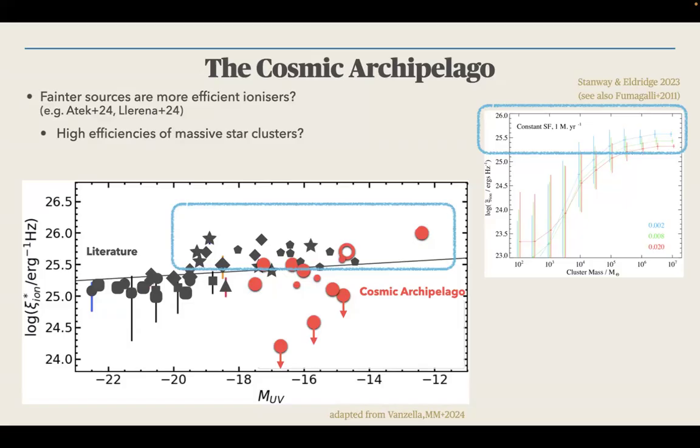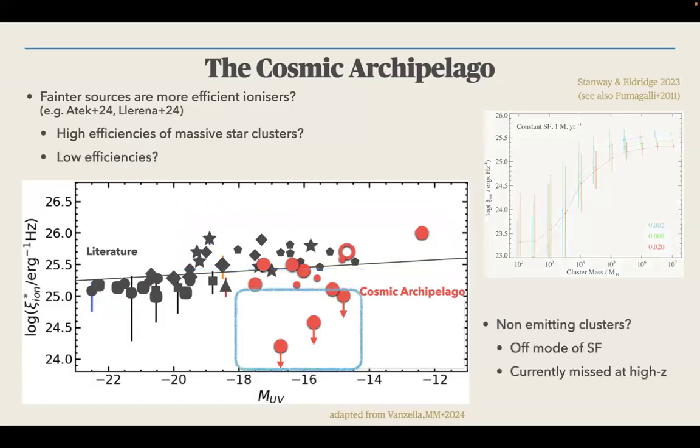This is from the BPASS models. So the efficiencies we are seeing are really comparable with the cluster, suggesting that what we are seeing are either very massive clusters or a collection of individual clusters in some high-redshift galaxies.